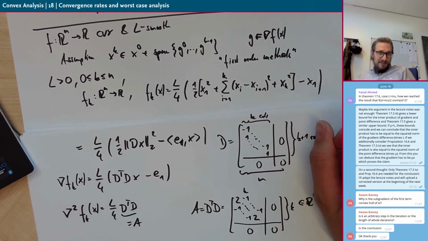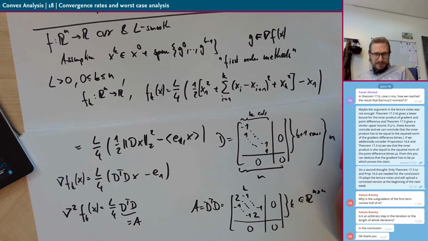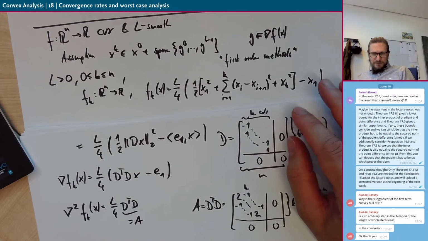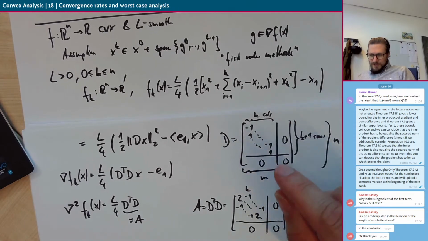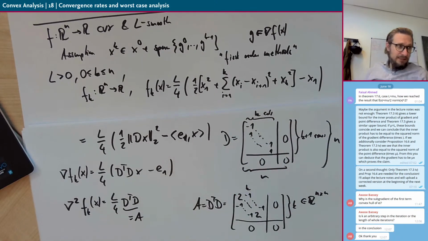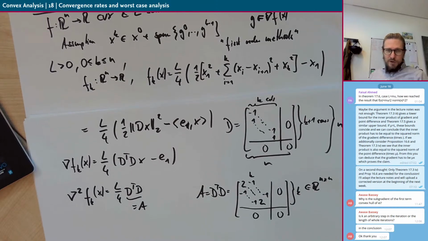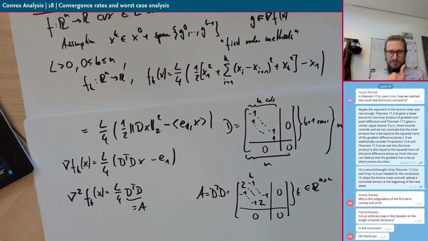We need to show it's L smooth. Then we also want to know where the minimum is and what the minimum value is.